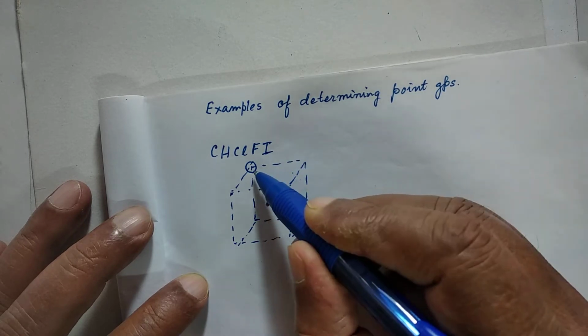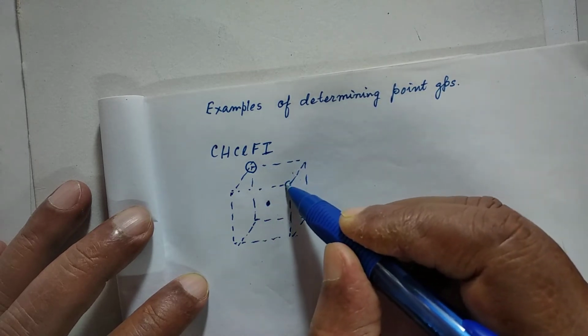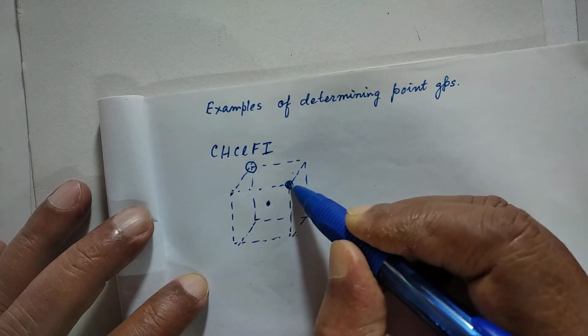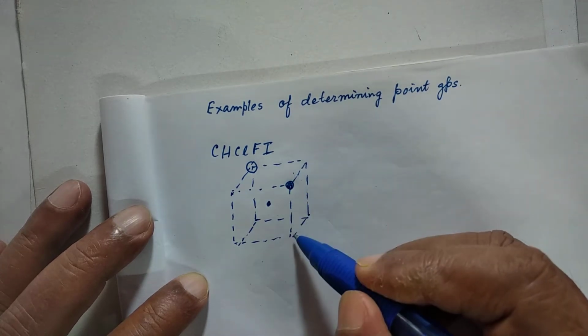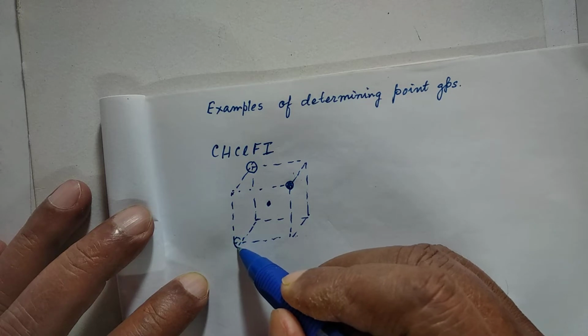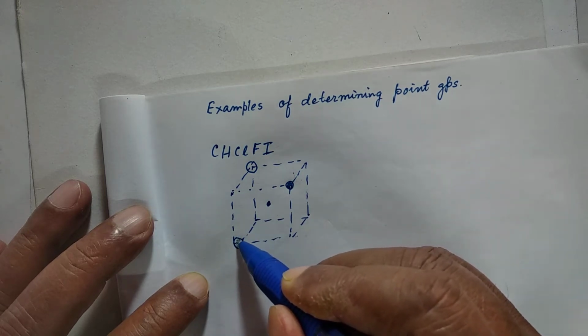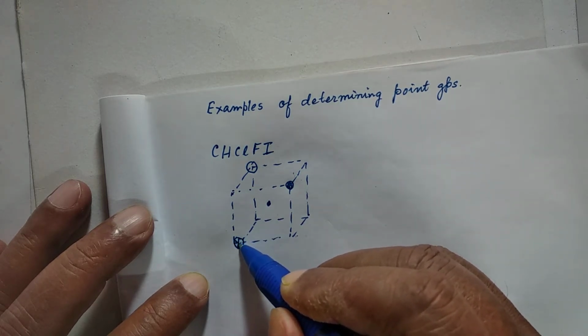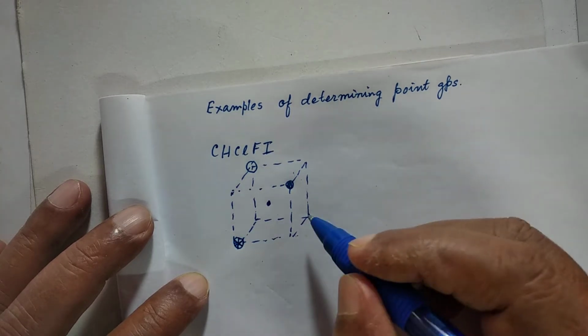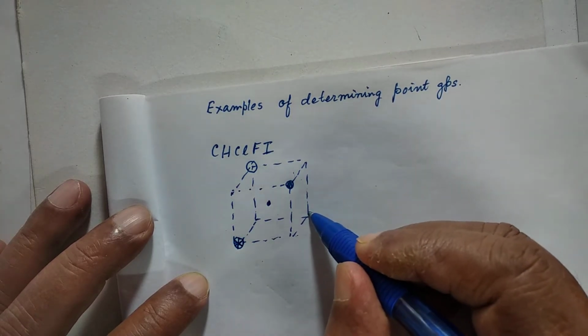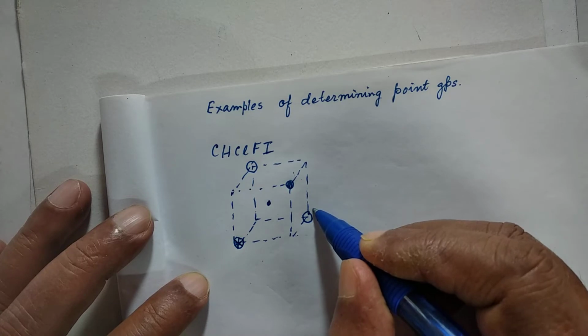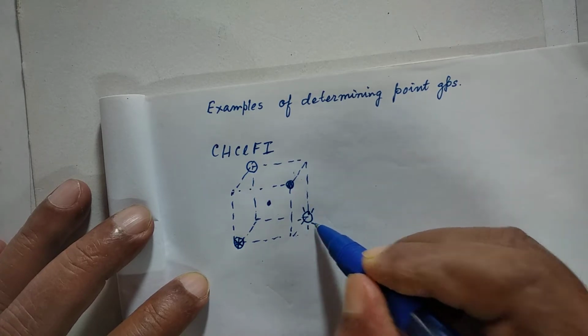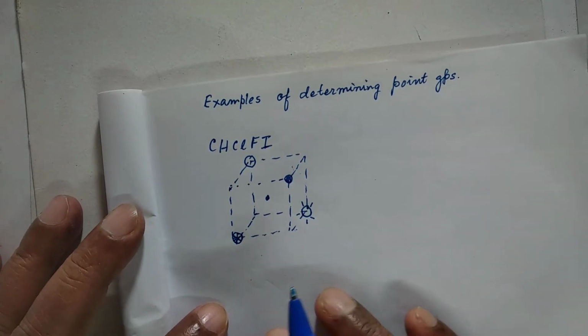This is taken, then this is omitted, and this is taken, this is chlorine, this is omitted, this is, say, fluorine with a different notation, and this is iodine having a different notation.